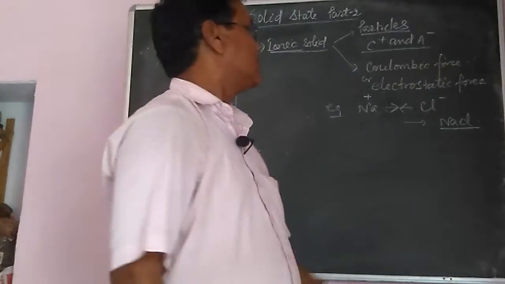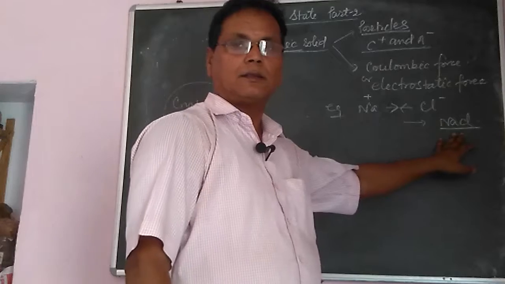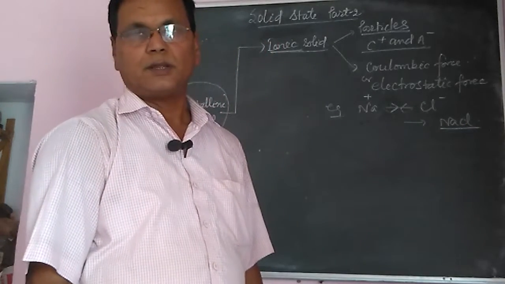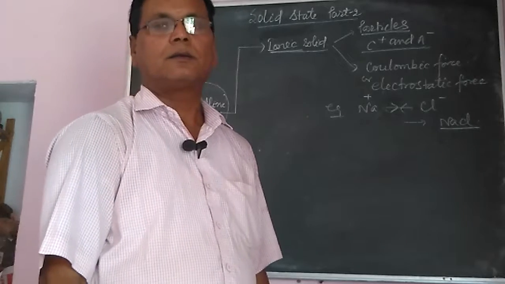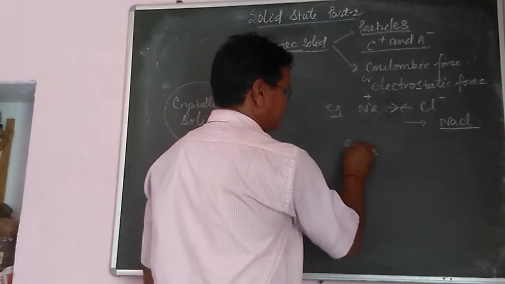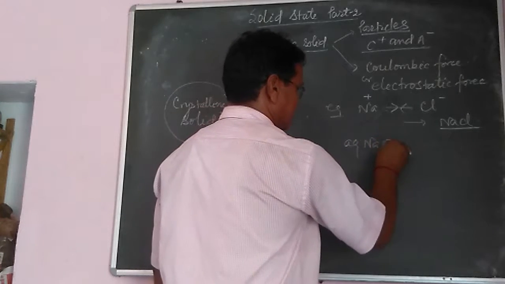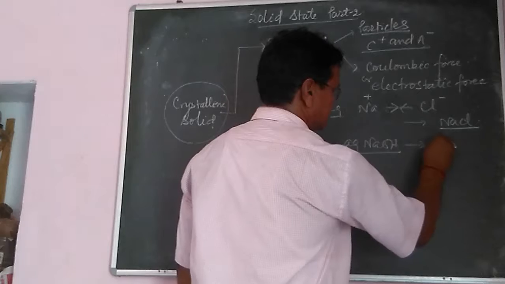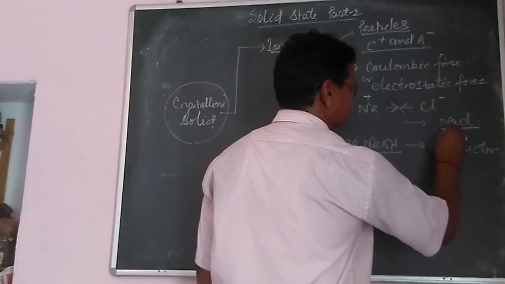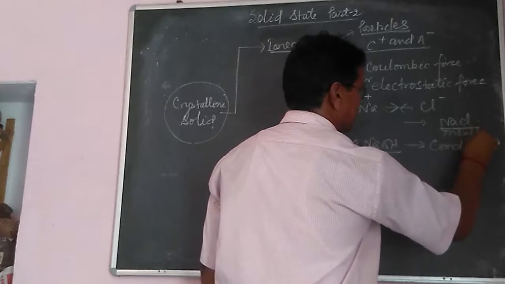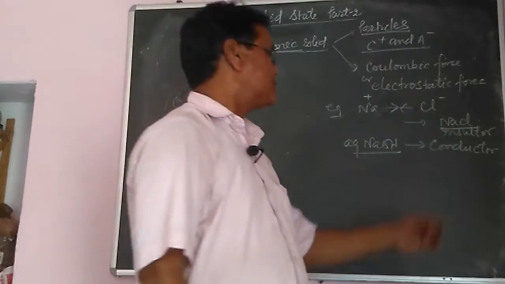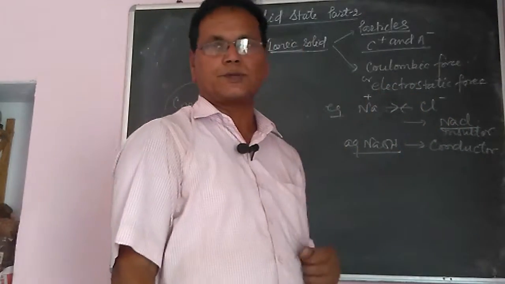Actually, this NaCl, if it is in solid state, is a bad conductor, an insulator, but in aqueous form this becomes a conductor. In solid state it does not conduct electric current because the charges are neutralized.